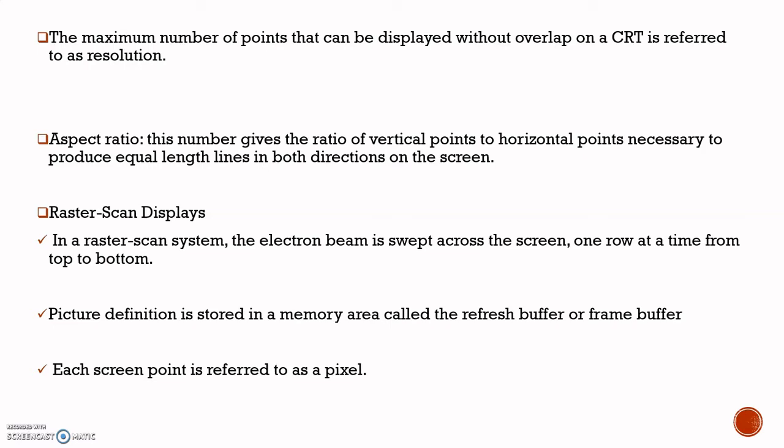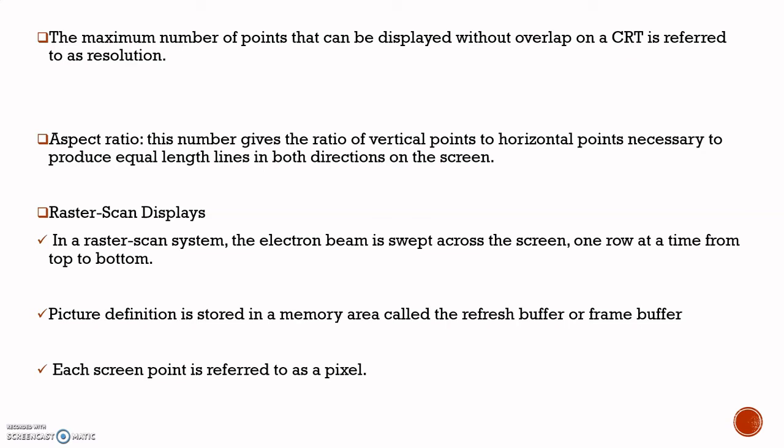Since it is working with CRTs, we make use of an electron beam. As the electron beam moves across each row, the beam intensity is turned on and off to create a pattern of illuminated spots. Here the picture definition is stored in a memory area called the refresh buffer or frame buffer.